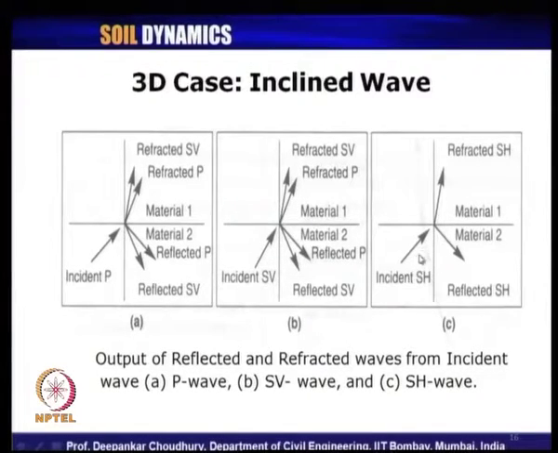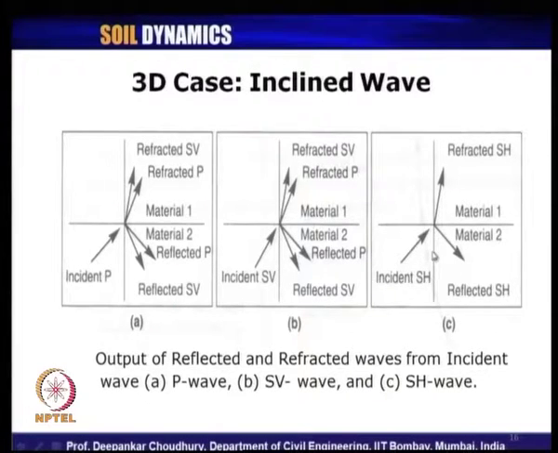And when it is an incident SH wave, we have seen that the reflected wave in the same material is SH wave and the refracted or transmitted wave is SH wave in the other media. If you look at it, this is our angle of incidence, the angle with respect to the vertical with which the incident wave is hitting the junction.